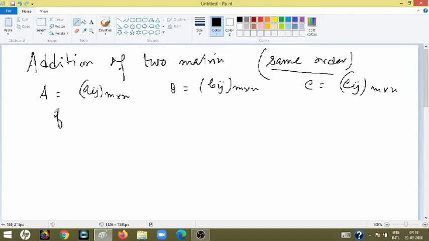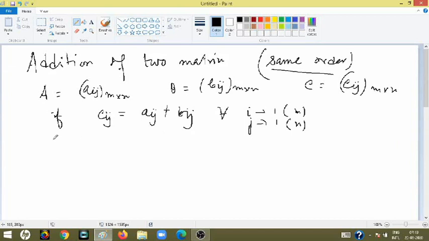Then if cij equal to aij plus bij for all i 1 to m, j 1 to n, then C equals A plus B.